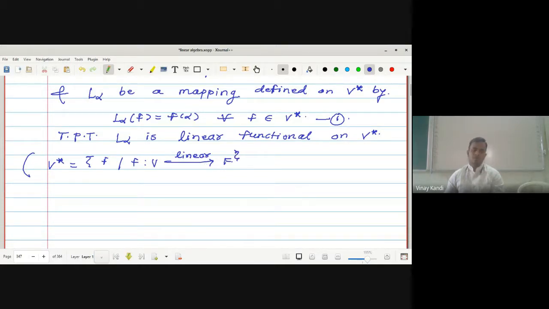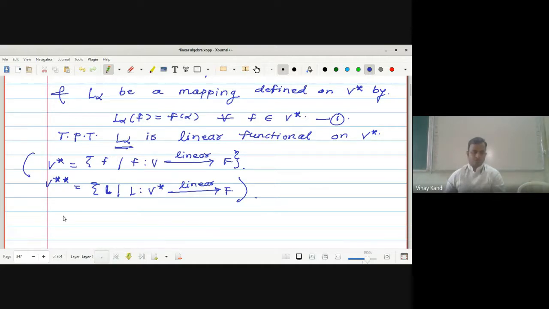And V double star is equal to the collection of all linear functionals on V star to F. Now we have to prove that this L alpha is a linear functional on V star, that is, L alpha belongs to V double star, this we have to prove.